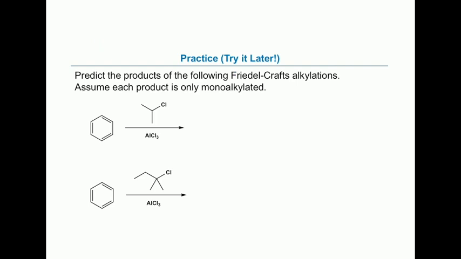So for this one, we're treating our electrophiles with our catalyst. Those are going to generate the corresponding carbocations. So in the first case, we're generating the secondary carbocation. In the second case, it's a tertiary center. So both of those are electrophiles.